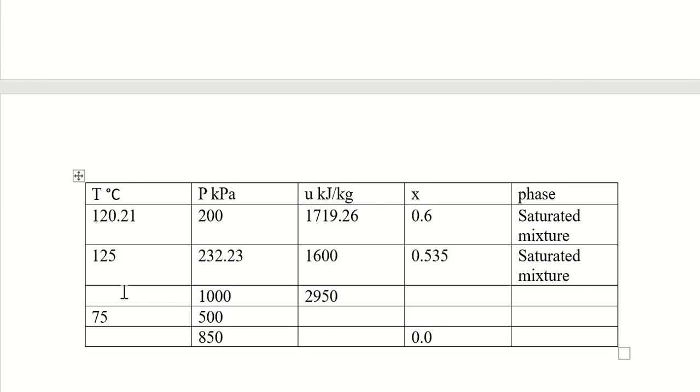And for the last one we got 395.2, and the quality is not applicable. And for that temperature, this is even tough from those properties.